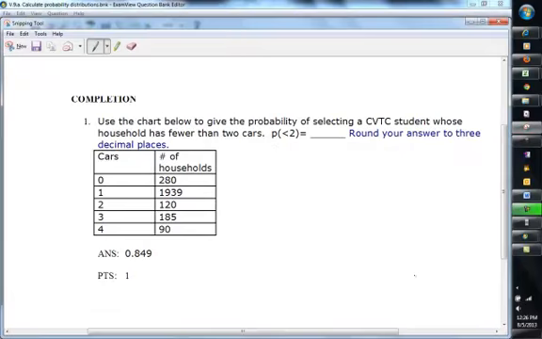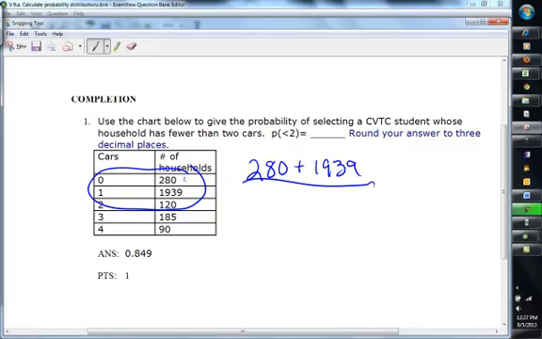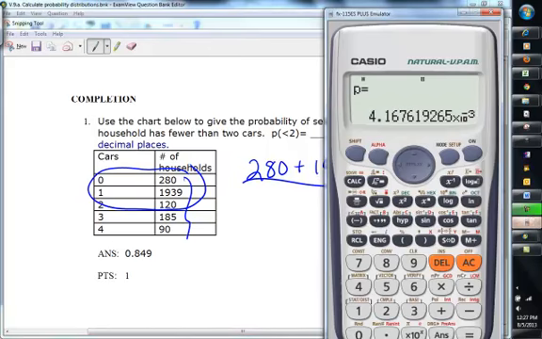Find the probability of getting a student whose household has fewer than 2 cars. So that would be all the zeros and the ones. So it's 280 plus 1939 out of all of the students. So let's do that on our calculator. I've got to get back to regular mode.